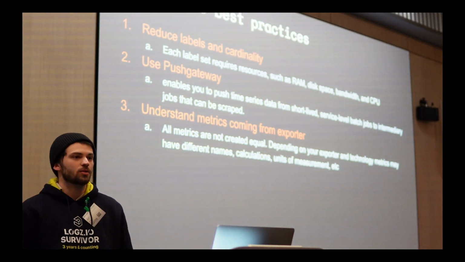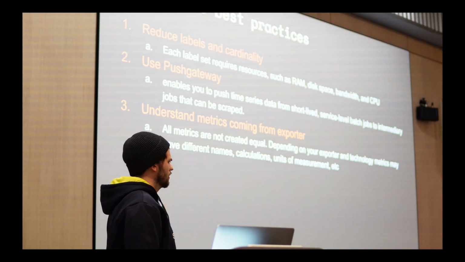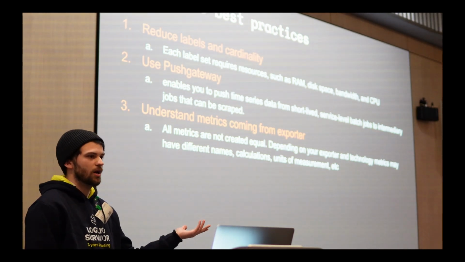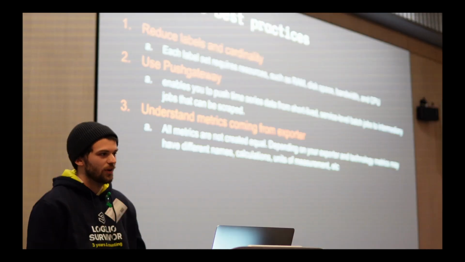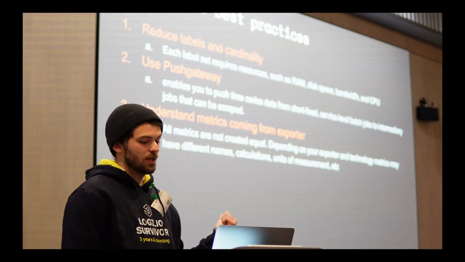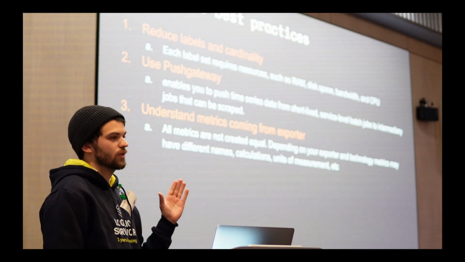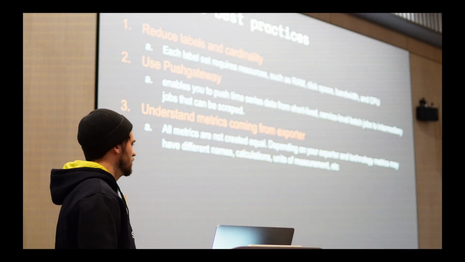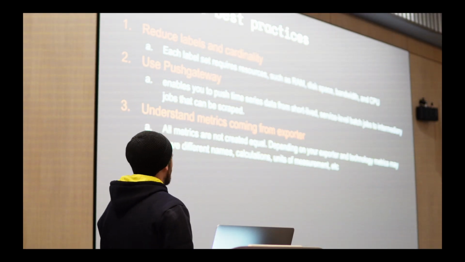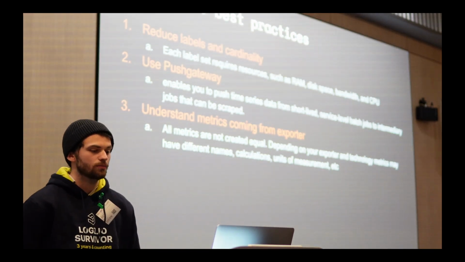Then you're doing calculations on these, and you're like, this doesn't make sense. I'm multiplying this by 100 or whatever, and it's not giving me the right value. It's because sometimes they have different units of measurement, and there's no universal language when it comes to metrics. I wish there was, but there's not. So they're all not created equal. Be careful about it.